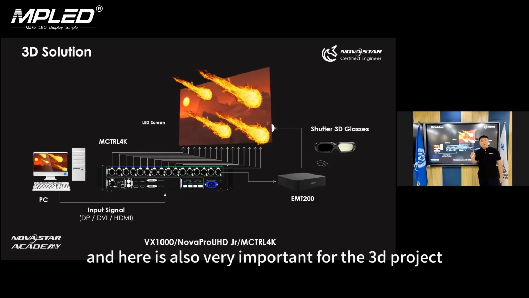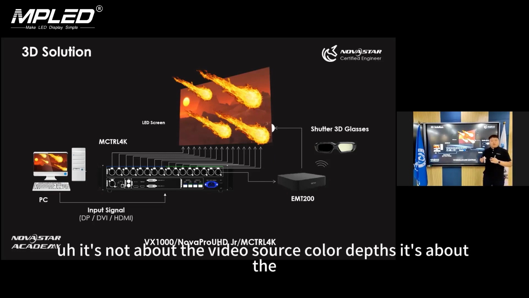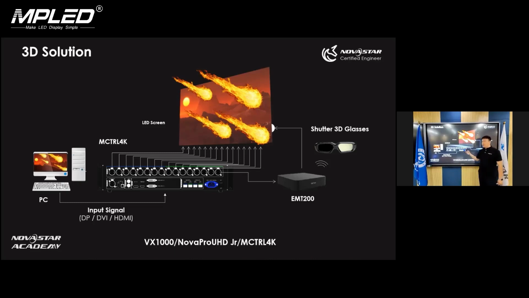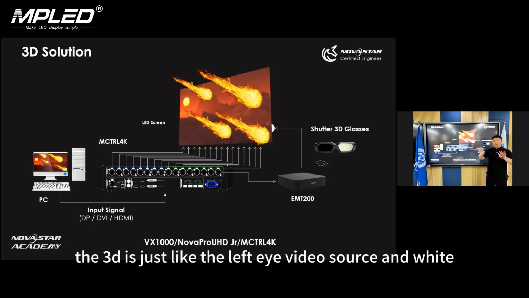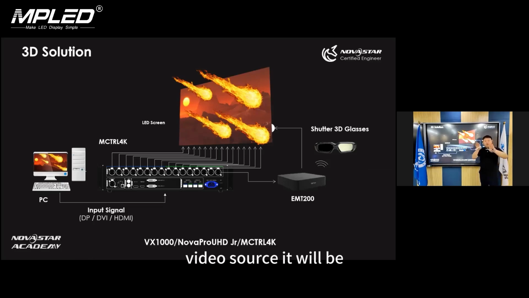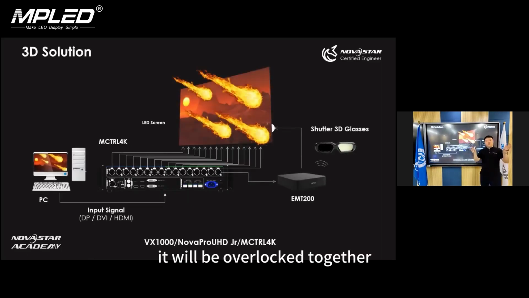And here is also very important for the 3D project. It's not about the video source color depth. It's about the frame rate of the whole system. The 3D is just like the left eye video source and right eye video source. They will be overlapped together.